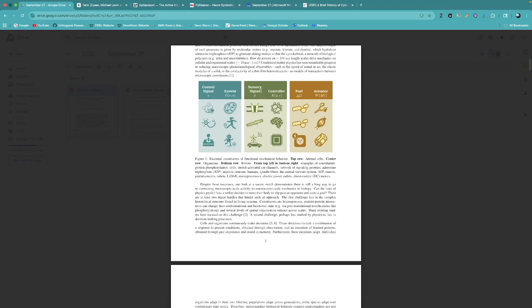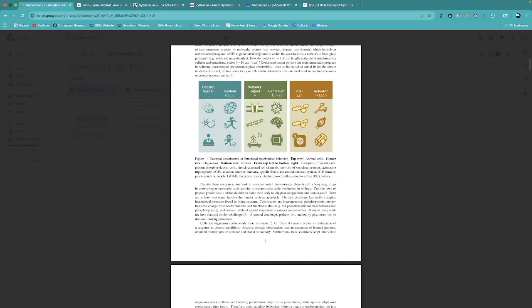Then we have this second class where we have sensory systems and how they drive controllers. So we have the sensory signal Y and the controller K. And so here we have this gated ion channel that controls a network of interactions.